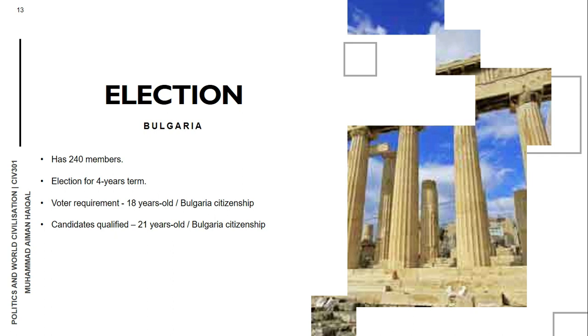Electoral qualification: to be at least 18 years old on polling day, Bulgarian citizens, and disqualification will be incorporated and legally prohibited.